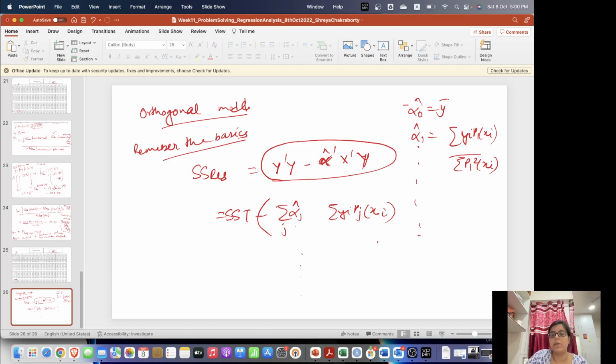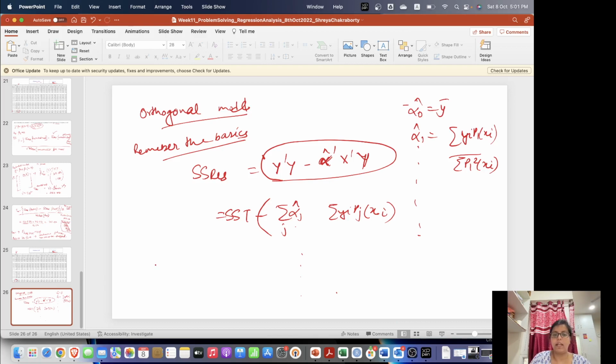And if you are unable to remember so much granularity, you just remember the basic formulas and try to derive it, or substitute the values in those main equations, and then arrive at the final answers.